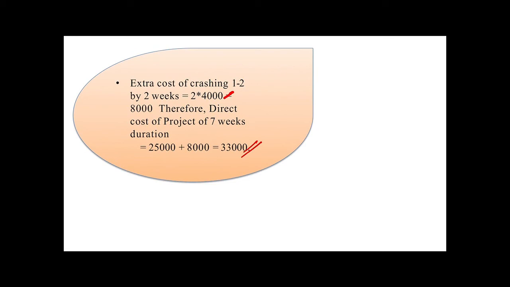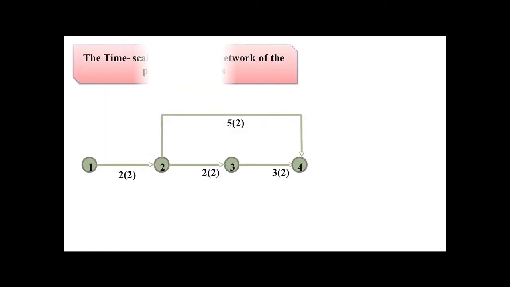Now add 8000 to the previous direct cost of 25,000, which results in 33,000. So cost increases as we decrease the duration. Now we have crashed all the possible activities and the project duration is 7 weeks.